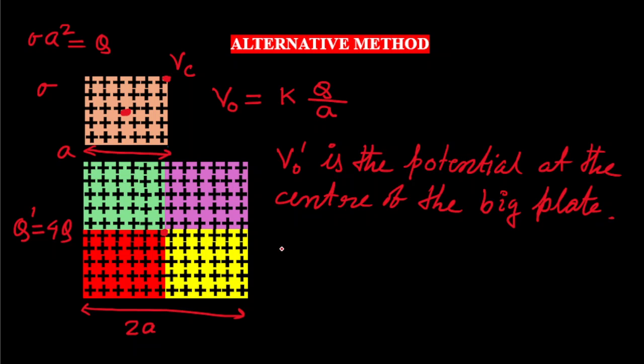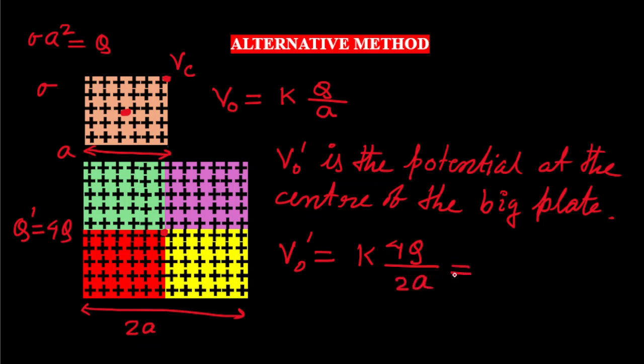Then this V0 prime can be written according to this definition. We have a square plate whose total charge was Q and side was A, so we have written V0 equals K, some constant, times total charge divided by side. In the same way, for the second case, it will be K into total charge 4Q divided by the side length of the big square plate, which is 2A.